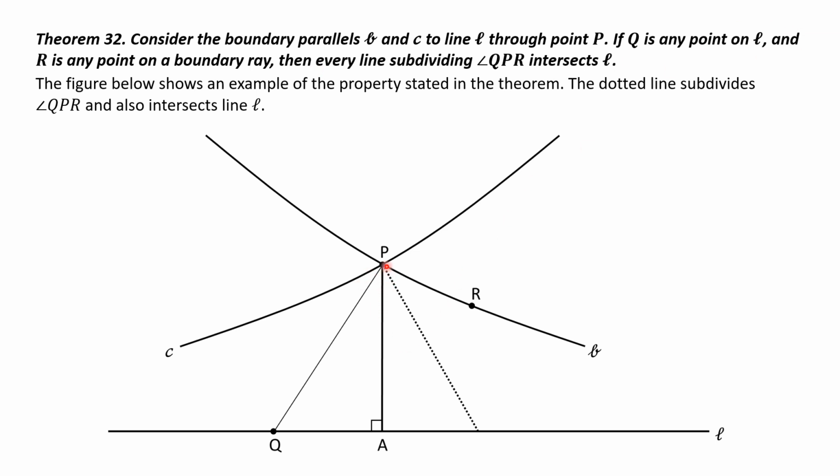So we have point P, and the line L, and then B and C are the boundary parallels to L. And we know that every line going through here is parallel to L and has a common perpendicular, and every line going between B and C, between here and here, intersects the line L. And so a bisector of QPR, for example, this dotted line, clearly would intersect L because it's between B and C here.